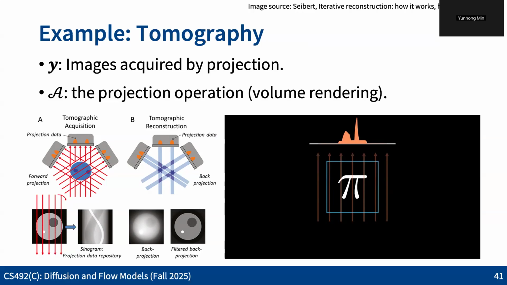So when you have multiple projections of the 3D thing into multiple views, how we can reconstruct the 3D from those 2D projections is the tomography problem. And this is also the case where we know the projection function from the real thing that we want to get here into the multiple 2D views. And we want to reconstruct 3D from the multiple projections. Also one of the examples of inverse problems.